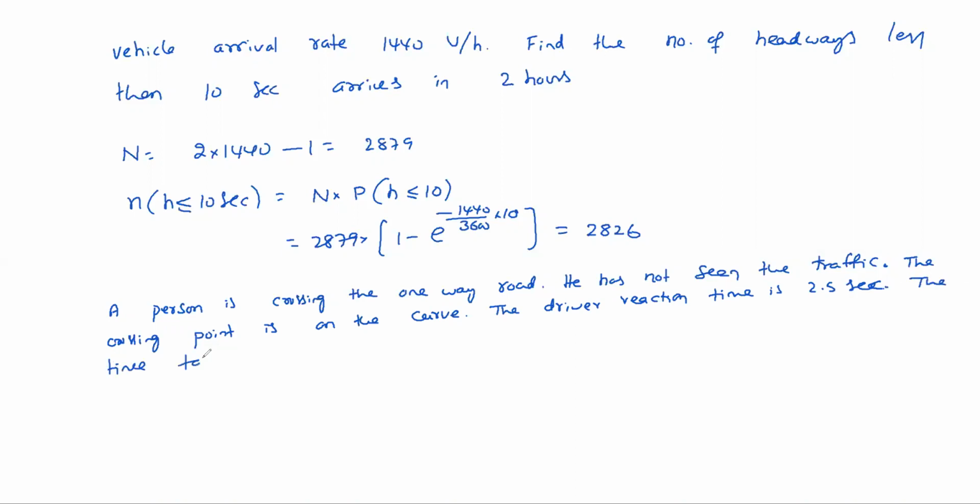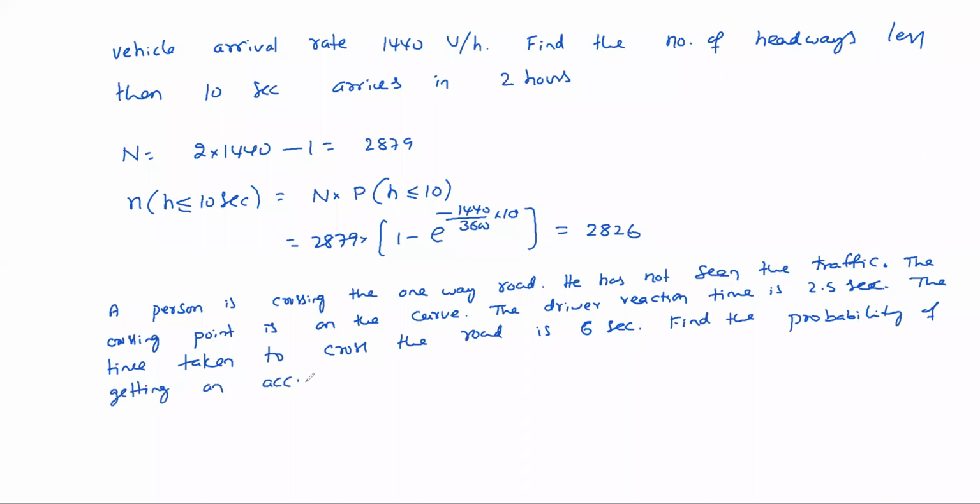The time taken to cross the road is 6 seconds. Find the probability of getting an accident. Okay, this is the question.